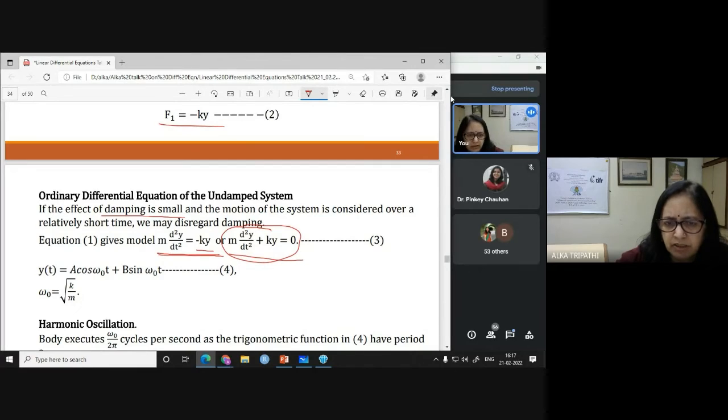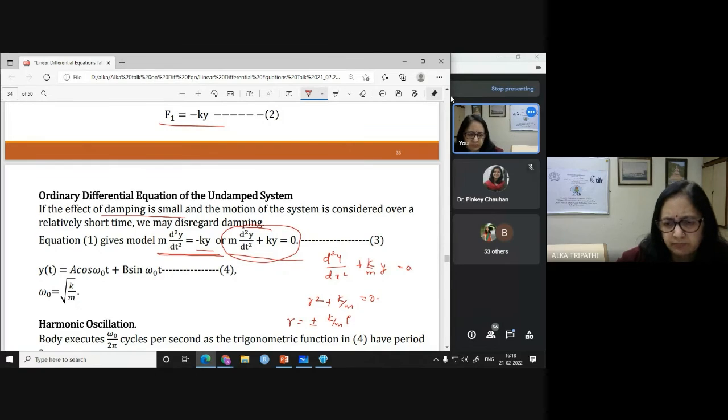This is nothing but d2y by dt square plus k by m y equal to 0. Let me write this one. And then the auxiliary equation is r square plus k by m equal to 0. So r is equal to plus minus root k by m i.